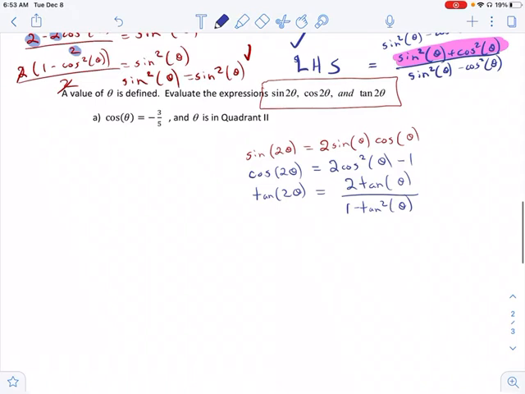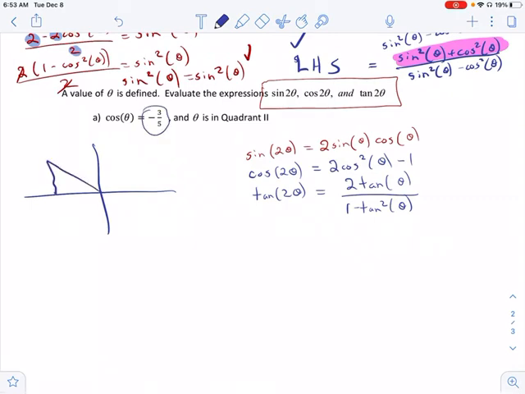This is a situation in which we're given a trig value, but then we need to figure out what sine of 2 times that angle is, cosine of 2 times that angle, tangent of 2 times that angle. And all we know right off the bat is that cosine of theta is negative 3/5 and theta is in quadrant 2. So this is where we go back to drawing a triangle in quadrant 2.